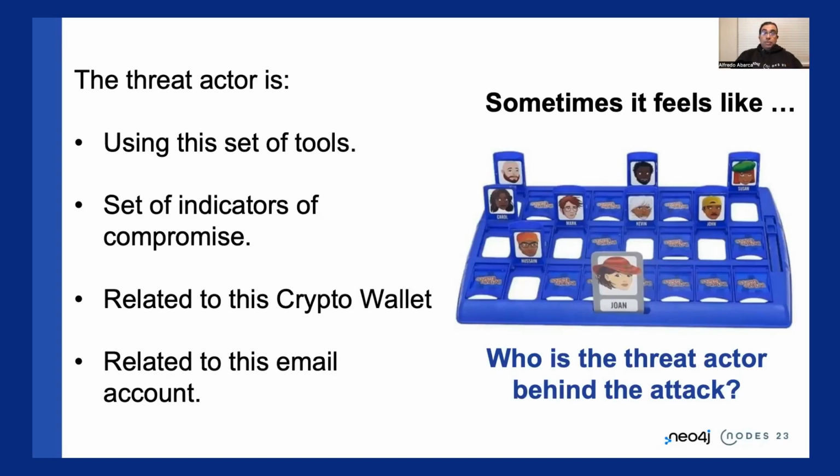Any potential attributes related to this threat actor, like crypto wallets, user accounts, email addresses, IPs, domains. Those are some basic attributes that normally you will find when investigating a threat actor, but it becomes harder when you are looking at the dark web, right?